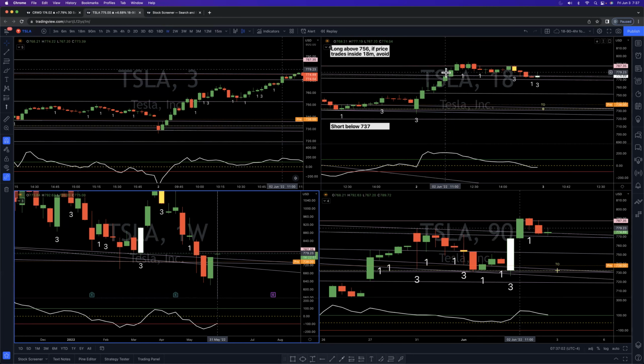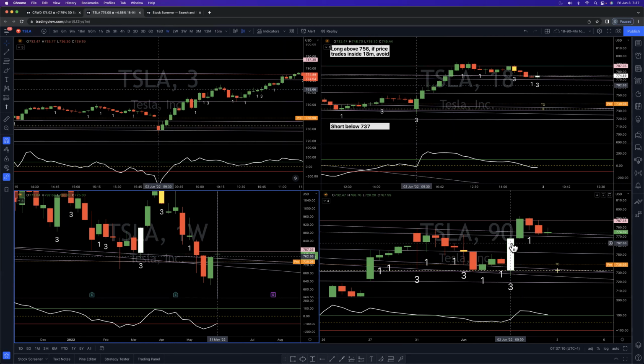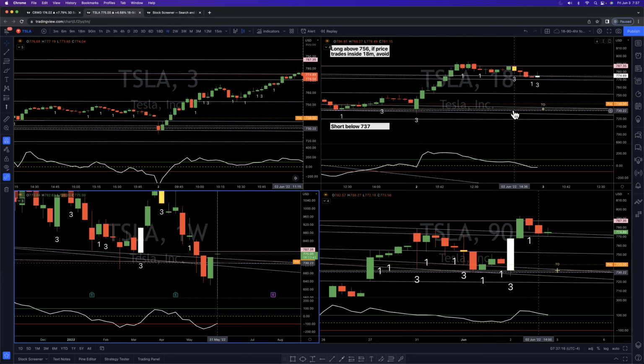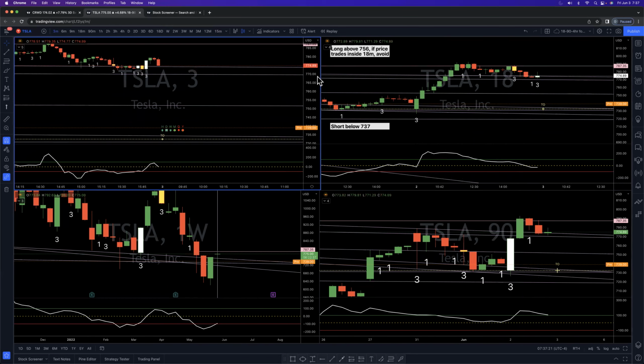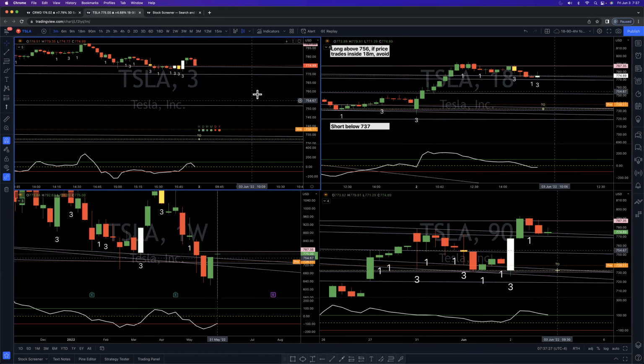You went green on the week. 1118, still good. That was this 90-minute flip. It happened right in here. And so you went green on the week, still good. But on the longer time frames, not so much. And of course it went green on the month, but we're going to talk about that today.